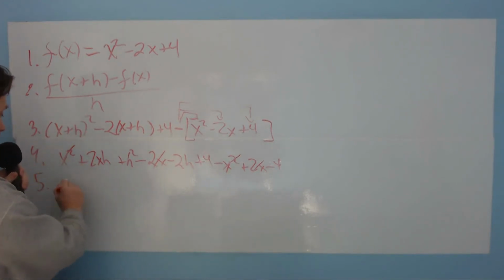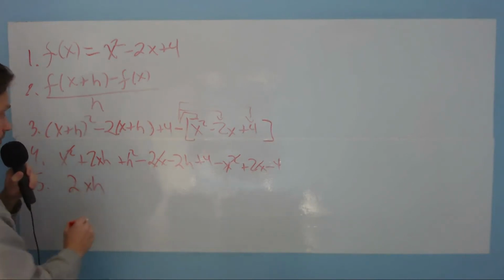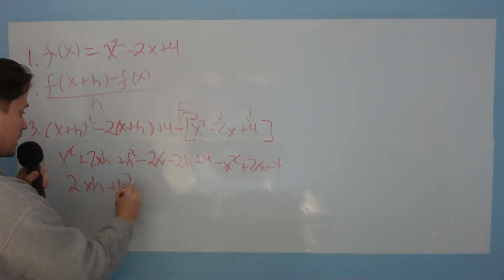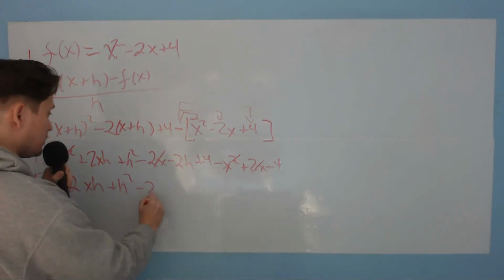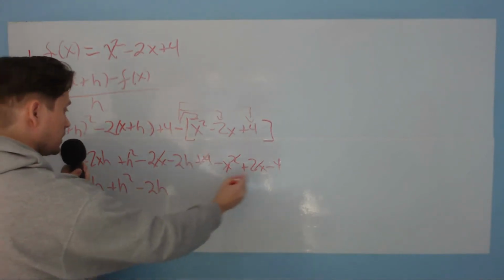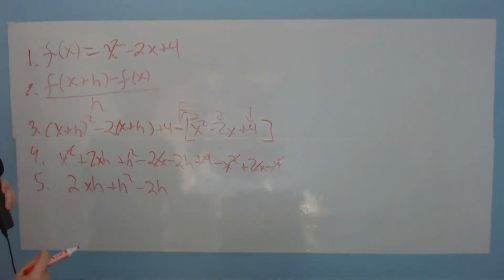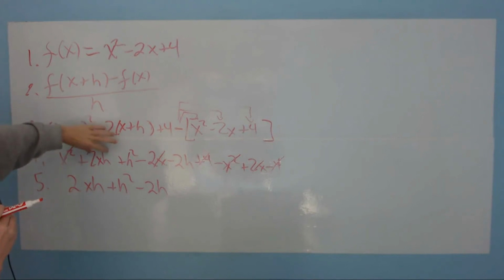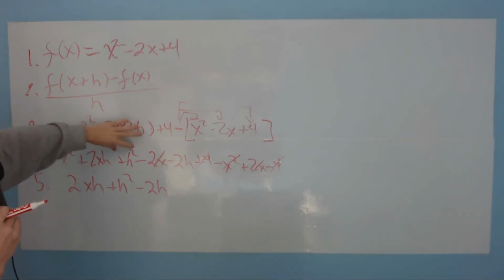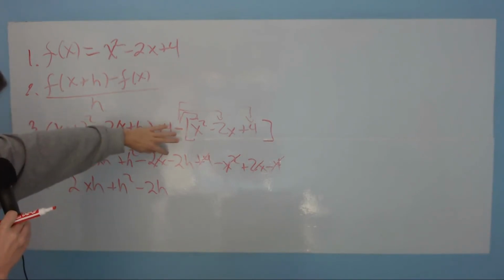I'm going to copy the remaining 2xh plus h squared minus 2h, and this 4 cancels here, right? See that? So what's left over is this 2xh, this h squared, minus the 2h, and that's it.